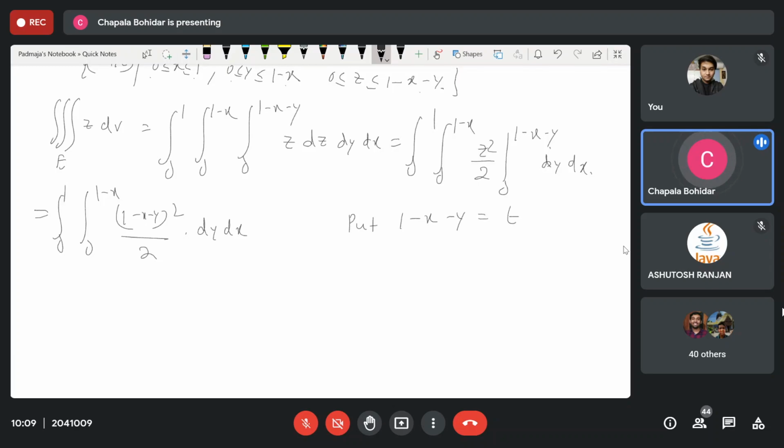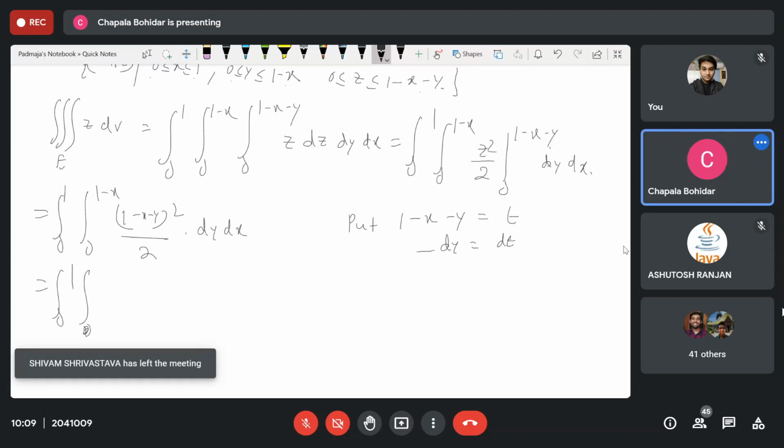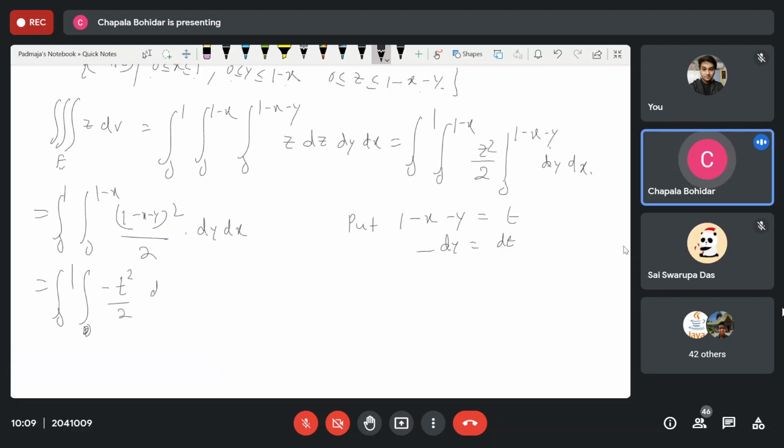So to find dy, minus dy is equal to dt. So dy is minus dt. So I can write down 0 to 1, then integration, don't put the limiting value yet. Here it is your t square by 2 and it is negative, then dt dx.